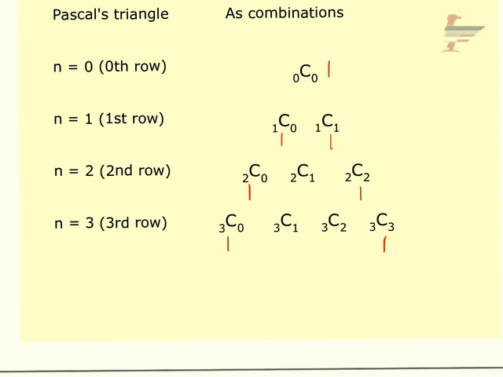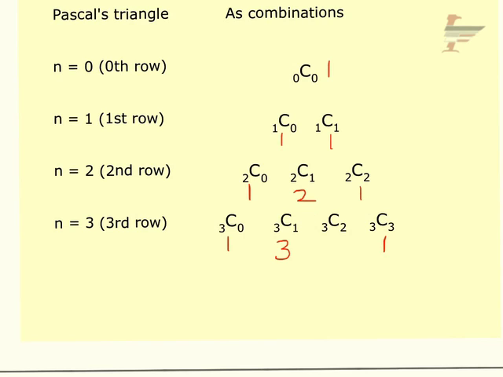So basically you're seeing already that these will always be 1s on the outskirts of the triangle. And then the two numbers here will always add up to the 1 below it. So 1 plus 1 is 2, so that's going to be a 2. Or I dump on my calculator, 2 choose 1 is 2. These two add up to 3, so that's going to be a 3.